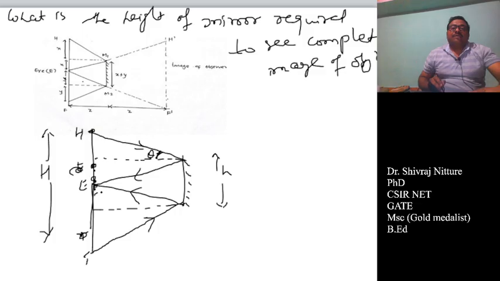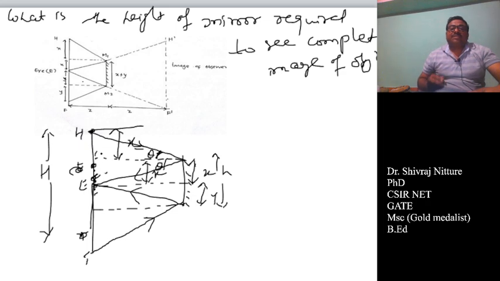Look at this. This divides the mirror into two halves. Let this height be x and this distance be y. If this is x, then this is also x, because these two triangles have the same angle, so these sides are equal. And if this is y, then this is also y.